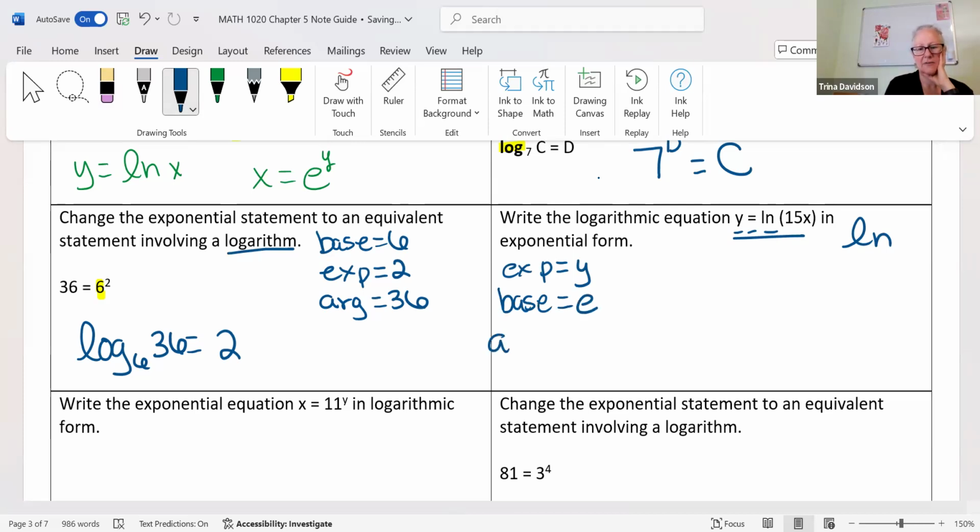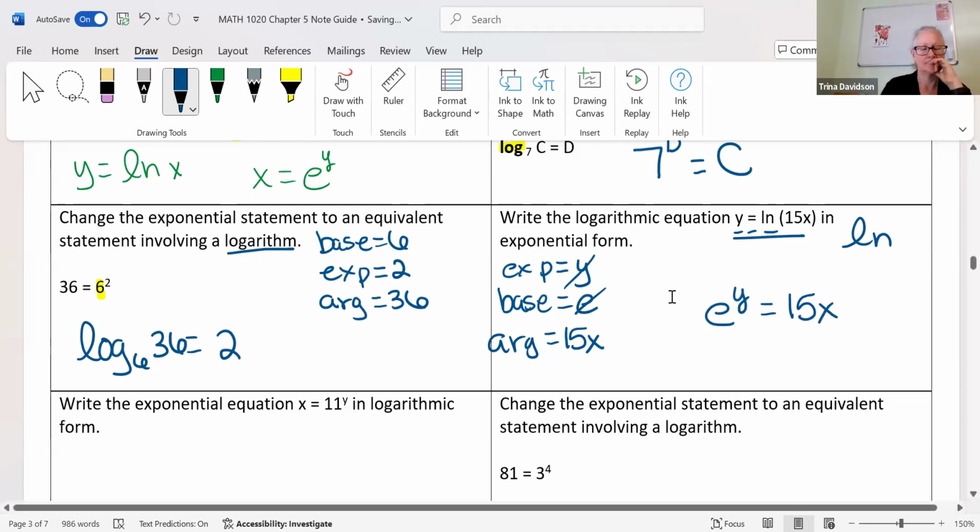And then the argument, what's left over, is the 15x. Our base is e, and the base always has the exponent. So that's e to the y. And that's going to be equal to what's left over, the argument, which is 15x.